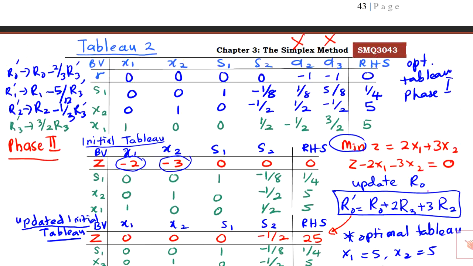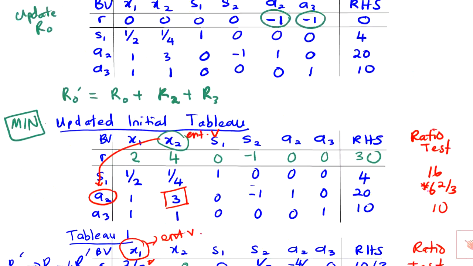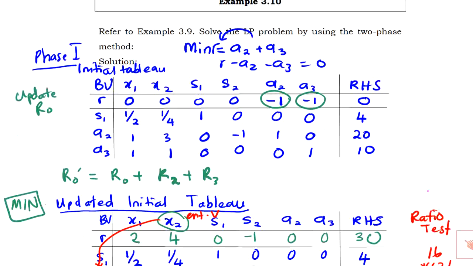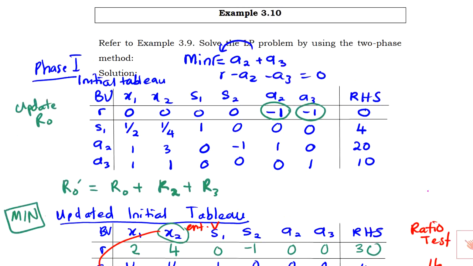So as a conclusion, for the two-phase method, what we need to do is change the objective function by minimizing r, which is equal to the summation of all artificial variables.